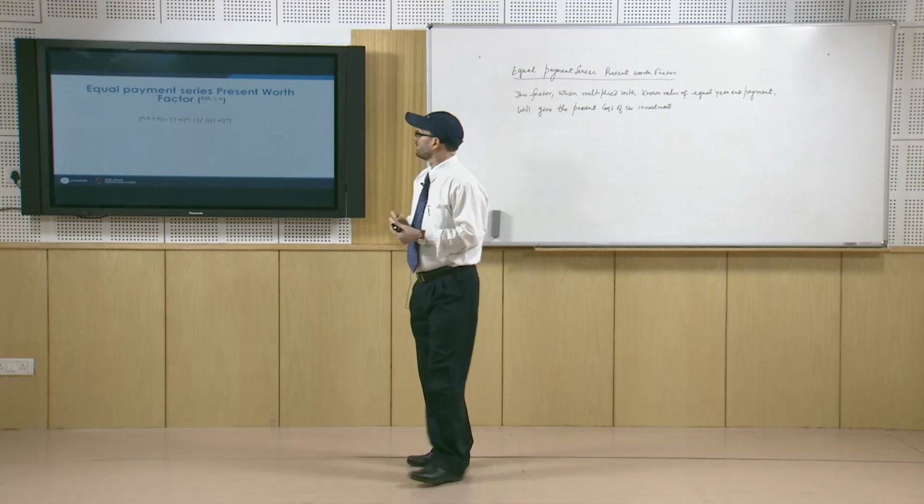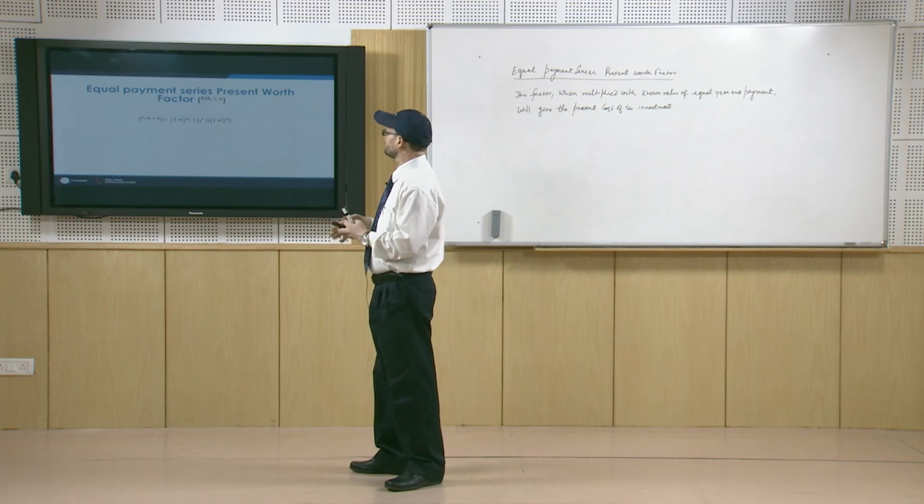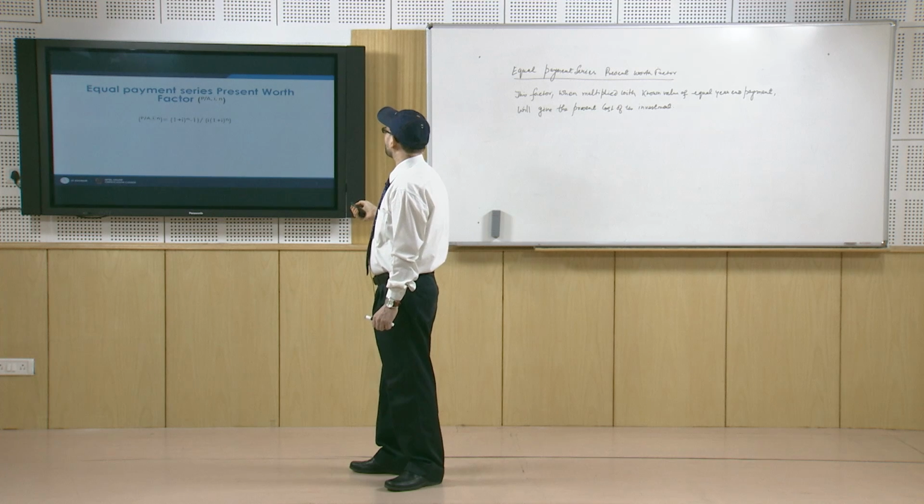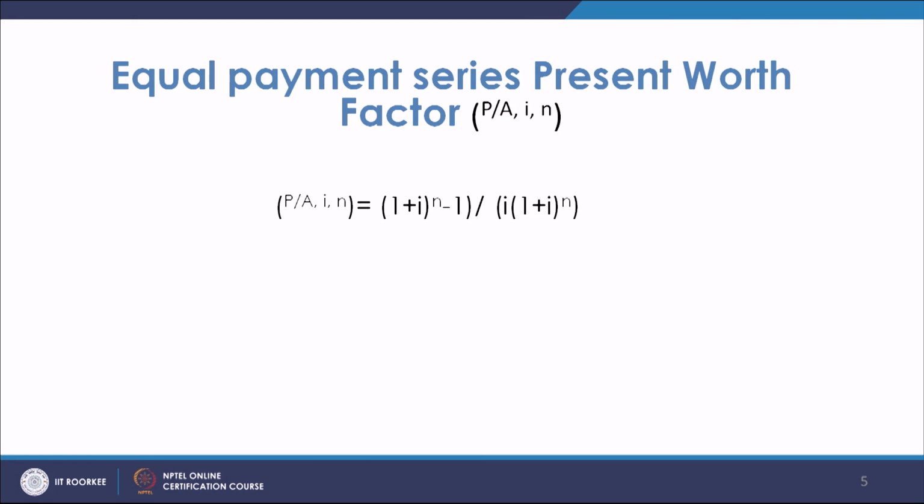That is why this is known as equal payment series present worth factor, means you are calculating the present worth value and you know A at a particular interest rate i and for a particular time period n.